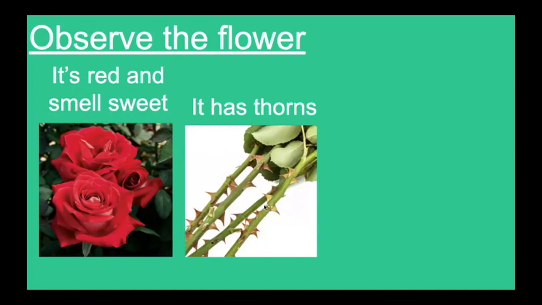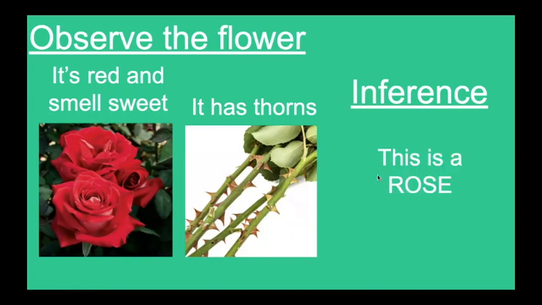We observe and we make an inference or conclusion. We conclude that this is a rose. We observe it's red, smells sweet, and has thorns, and we conclude this is a rose.